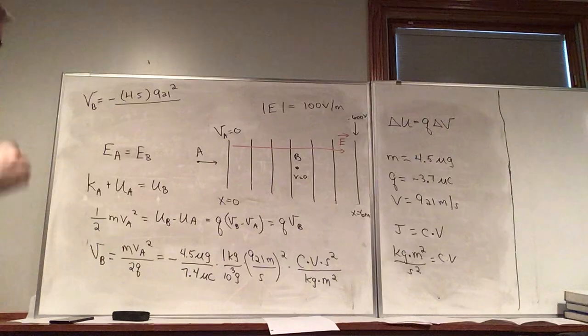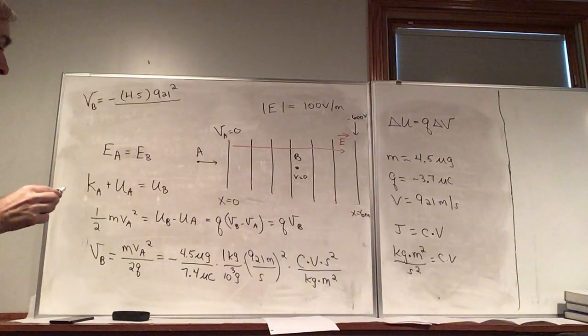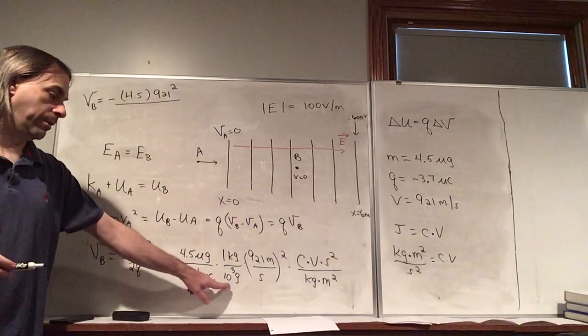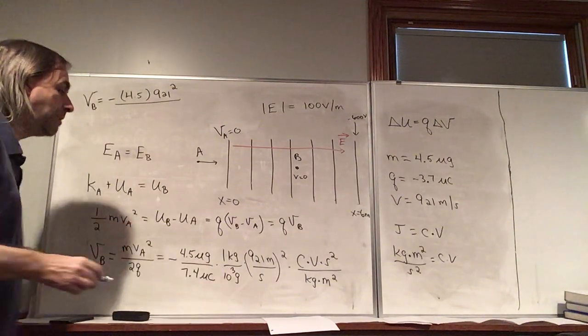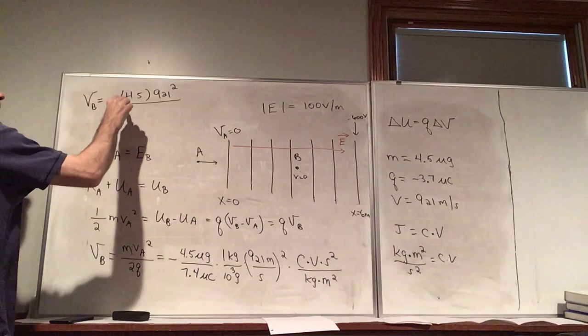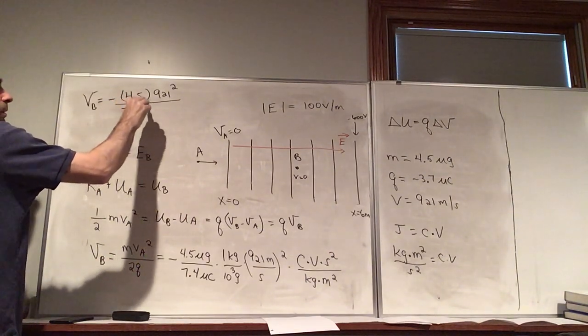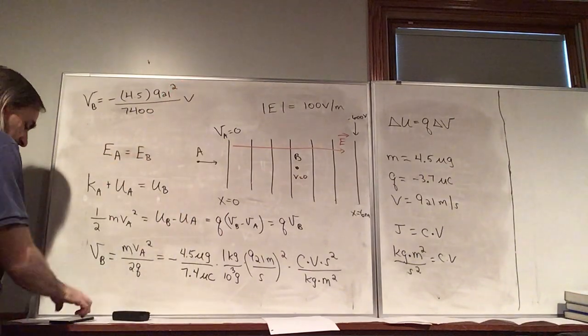I believe that's all we have on the top. And on the bottom we have 7,400, 7.4 times 10 to the third. And that would be the potential in volts.